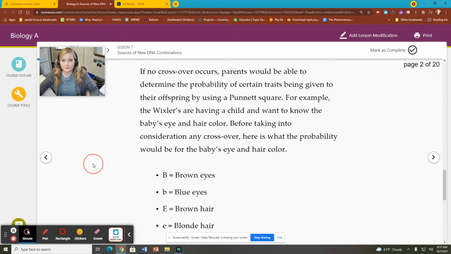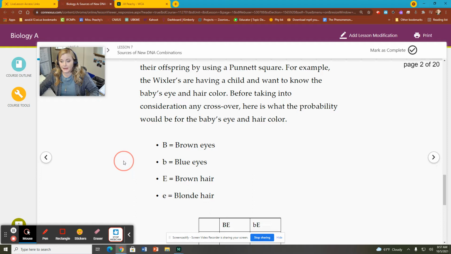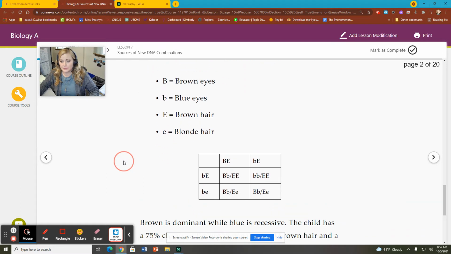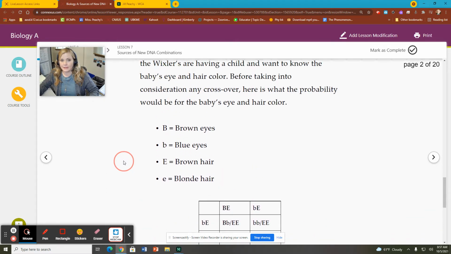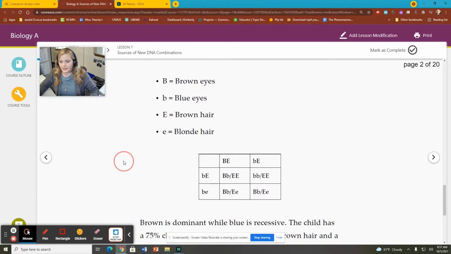In a perfect world where no recombination would happen, you could use a Punnett square to predict the offspring. So let's see here. What we're doing here is a kind of double Punnett square.